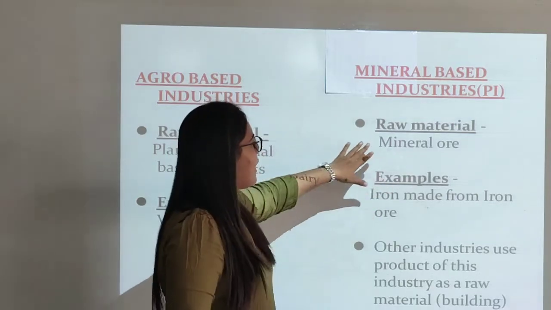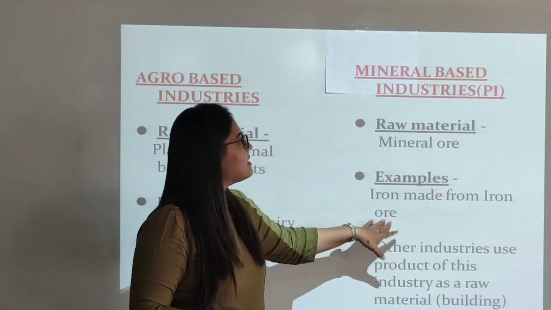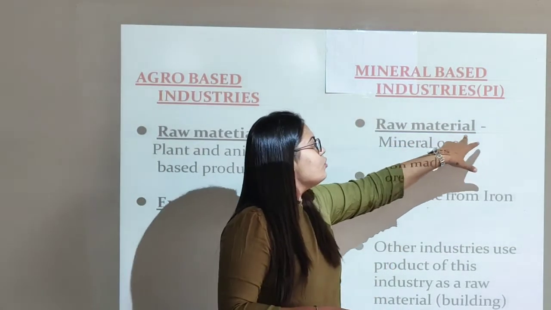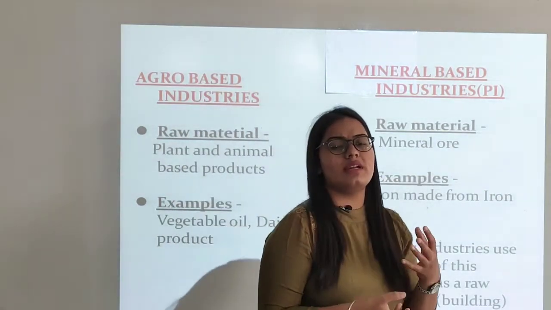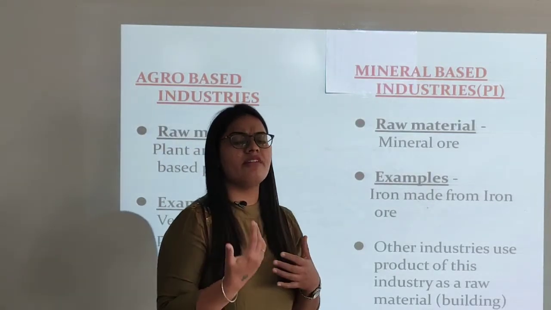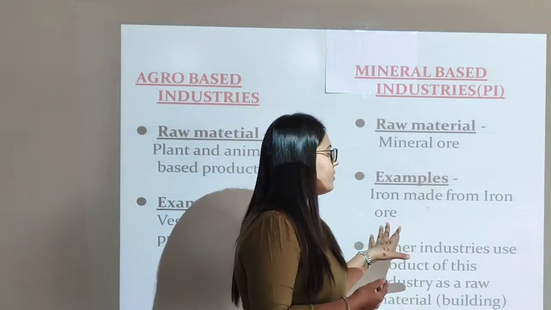Okay, so the example here is iron made from iron ore, an example of a mineral based industry. The raw material they use is the mineral ore extracted from the earth's crust, and from that they make the final product, that is iron from the iron ore.